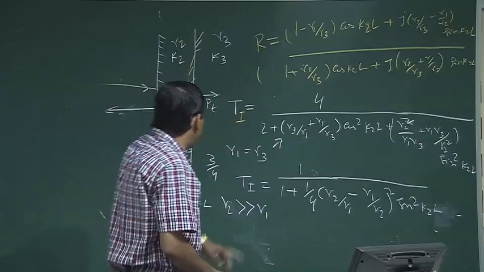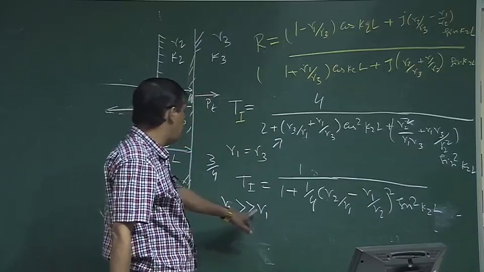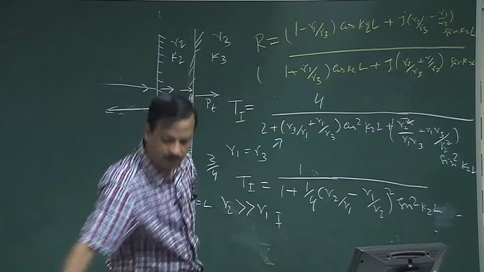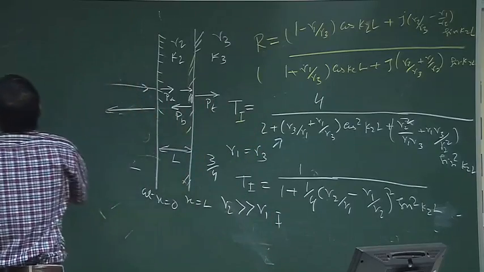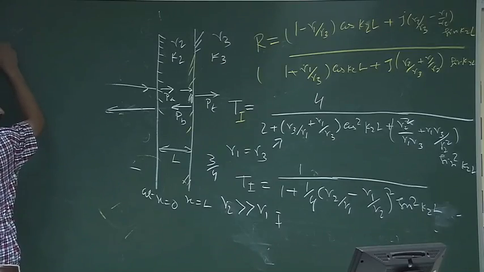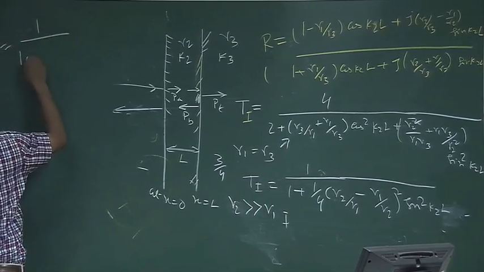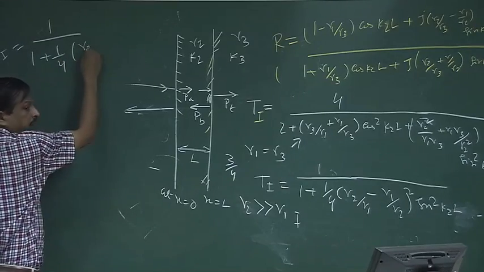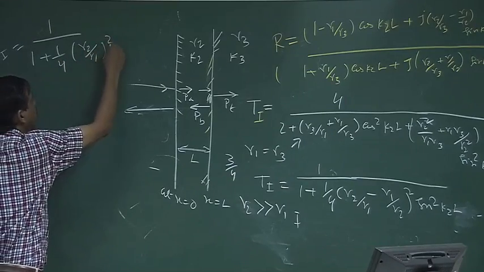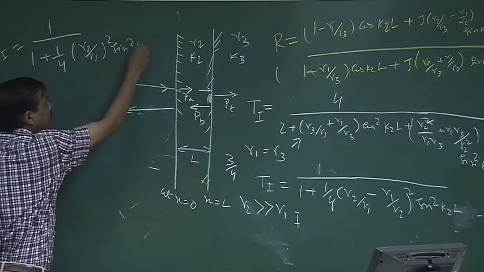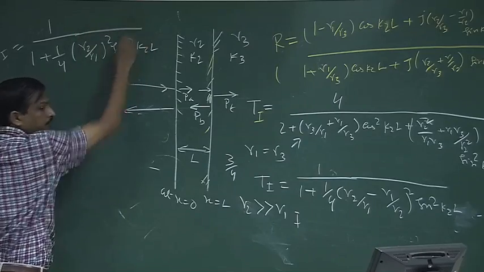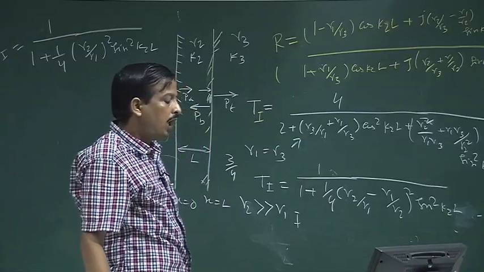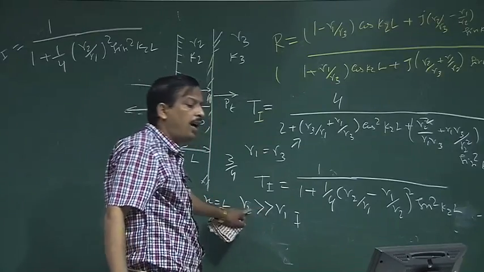In that case, Ti is simplified to 1 divided by 1 plus 1/4 (R2/R1) whole square sin²(K2L), since R1 is much less than R2.